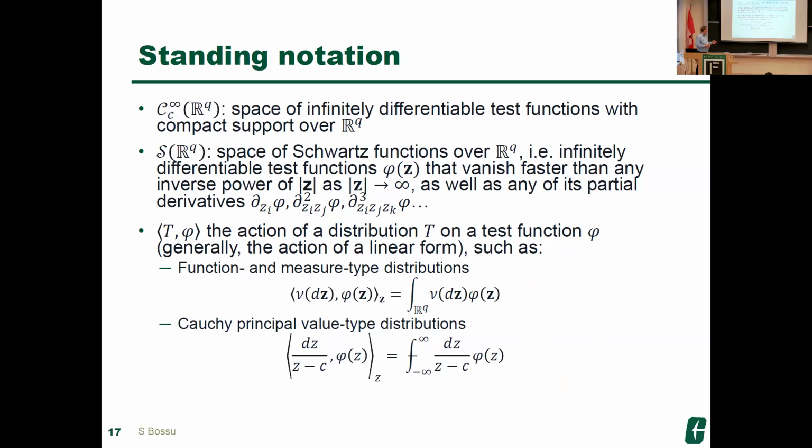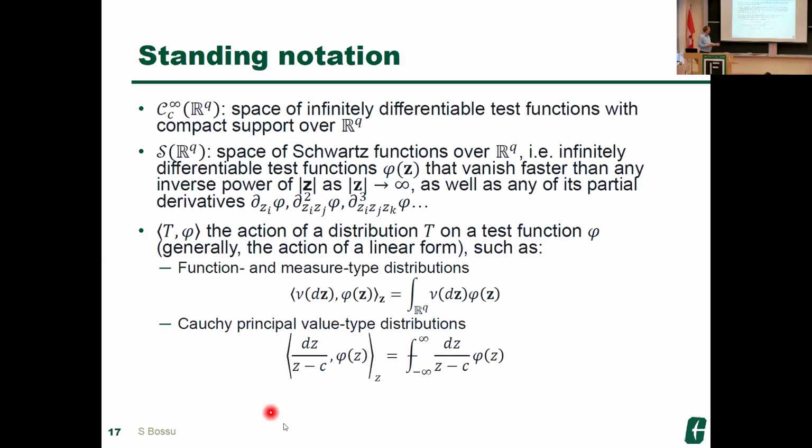And then there's a standard notation in that theory of distributions: some distribution T, and I'll give some examples, has an action on phi. Phi is one of these modifier Schwartz functions, for example. You can just think of that bracket notation as an integral of T and phi.